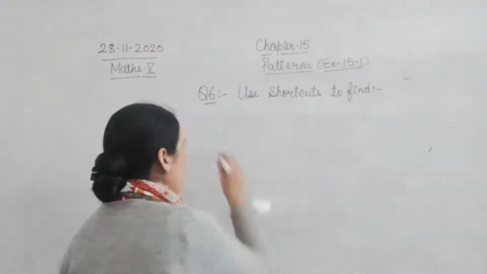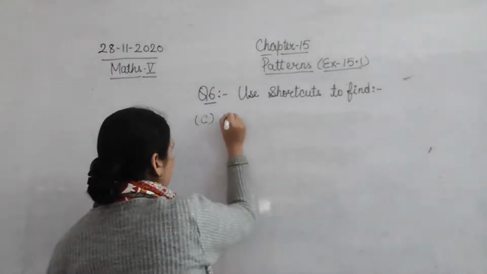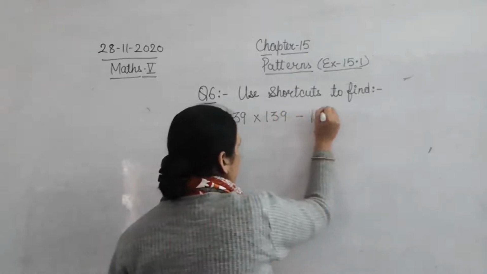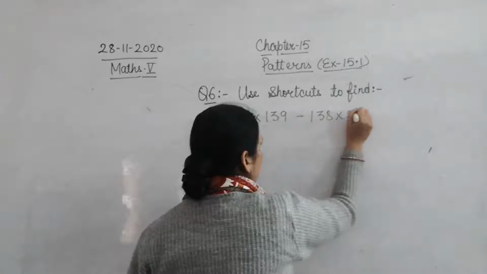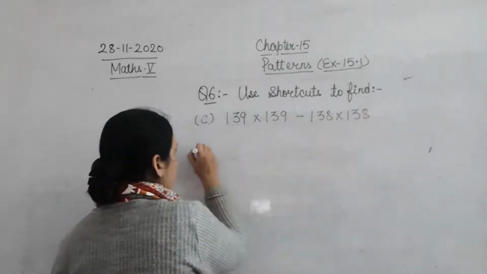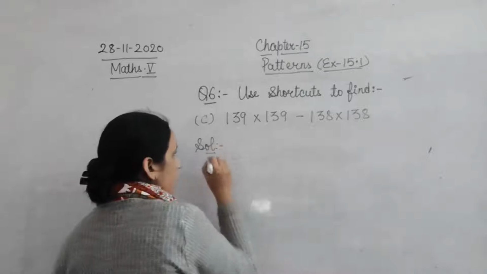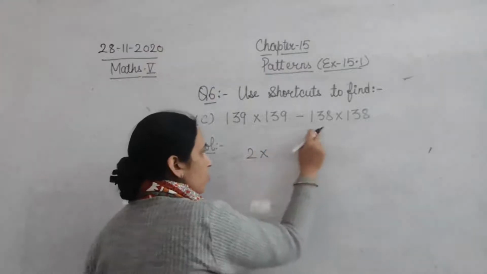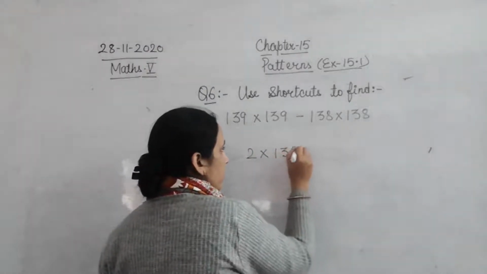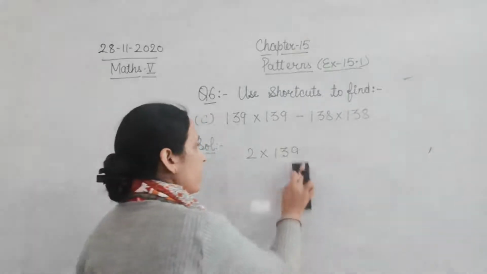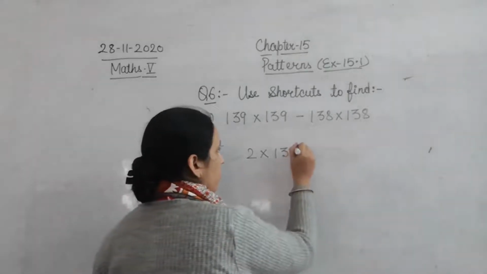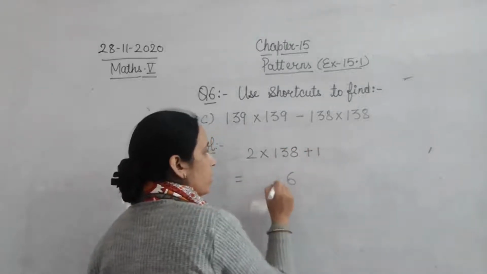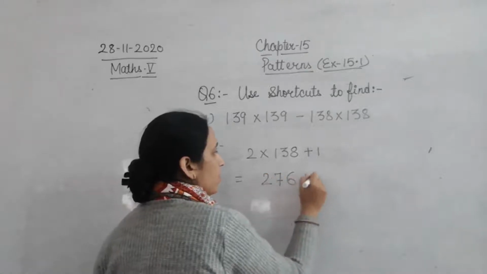Now see part C: 139 multiplied by 139 minus 138 multiplied by 138. So what are we going to do here? Again we are going to write the same thing. 2 will be multiplied by the smaller number, 138, plus 1. 2 8s are 16, 2 3s are 6, 7, 2 1s are 2, plus 1.